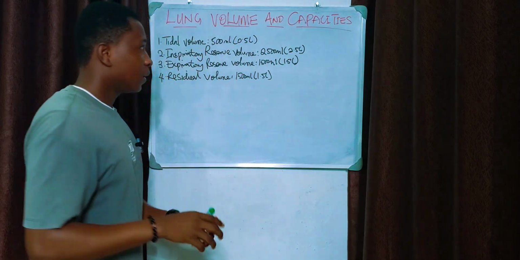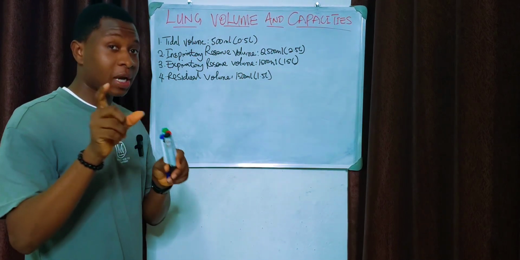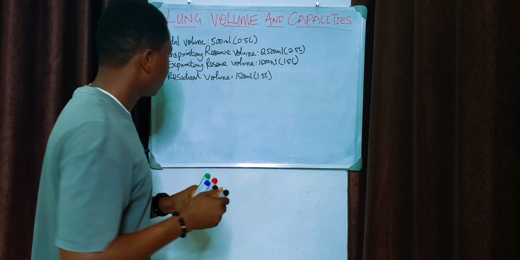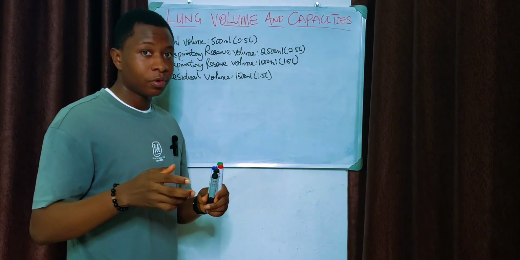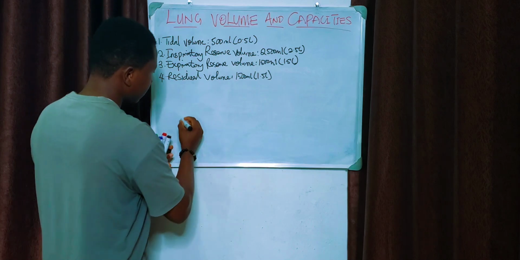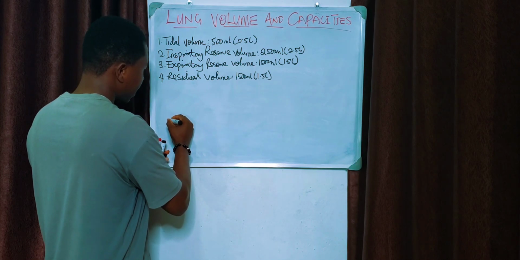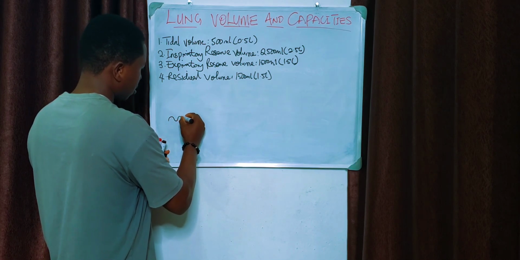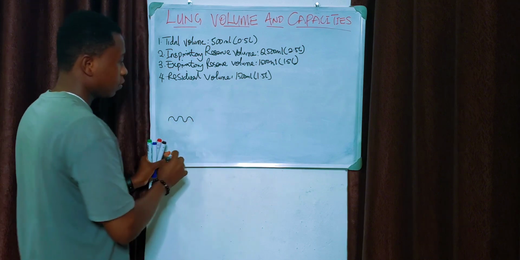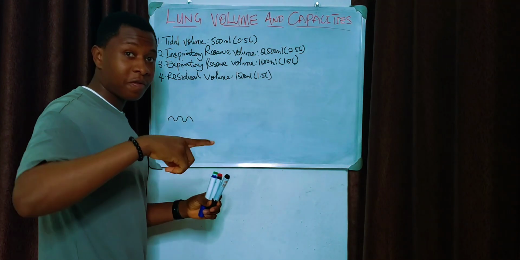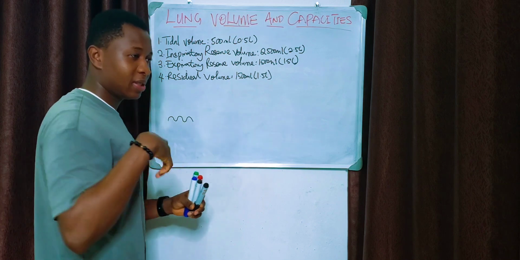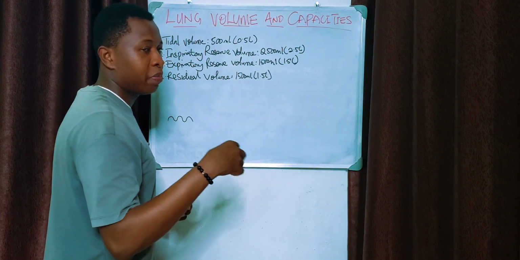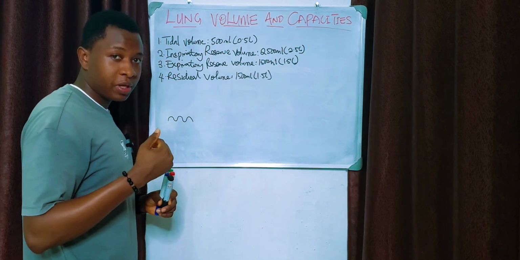Before we talk about the capacities, just look at this. When you take in tidal volume, the graph looks something like this. It is just like a wave in an oscillatory motion. The same amount of air you breathe out is the same amount of air you breathe in.